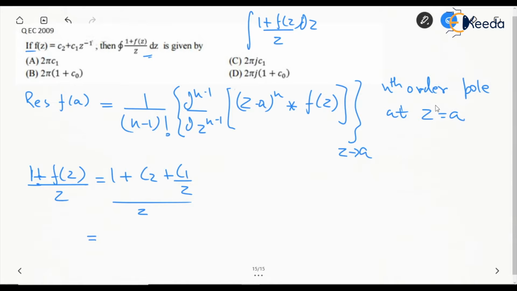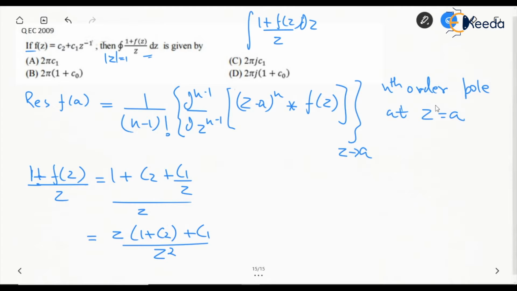So this is nothing but 1 over z times 1 plus c2 plus some constant c1 divided by z square. And I think they haven't mentioned it, but the region is going to be a unit circle.